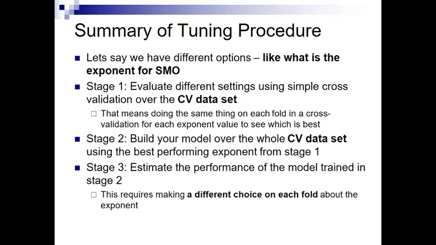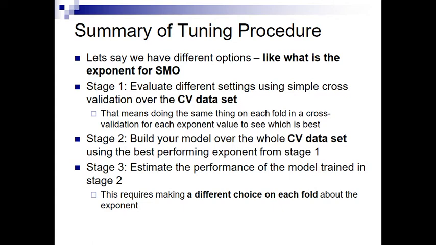And what I'm going to show you is how you would do stage 1 in the experimenter, and you do that by loading in the whole data set, and then you're going to do cross-validations over it, and you'll see where that happens. Now in stage 2, we know that we would build that model, but we're not actually going to build the whole model in this demonstration, but we assume that once we know from stage 1 what the optimal setting is, we could do that in the Explorer.